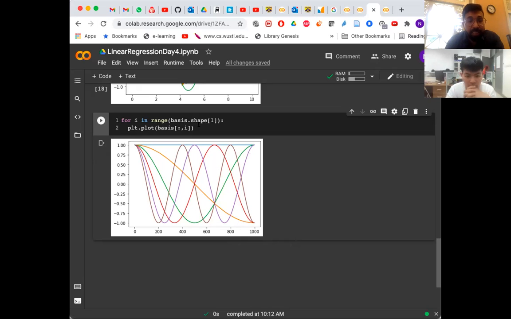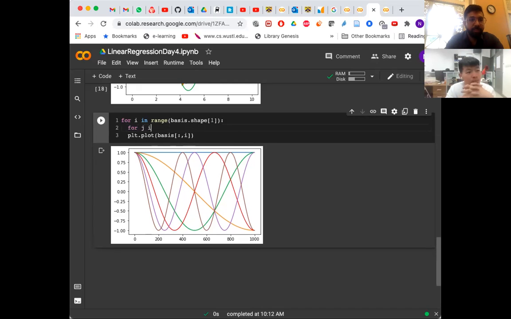Okay, and like I said, the good thing about cosine bases is that they are orthogonal. So let's see if they are indeed orthogonal or not. For j in range basis.shape[1], np.dot should give me the dot product of these two, right?